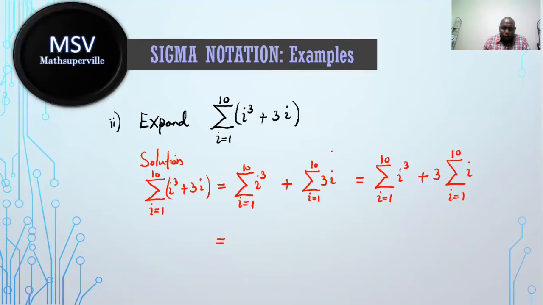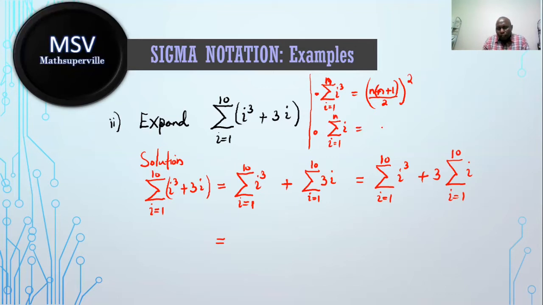Now, if you remember from our last video, the sum of i cubed from i equals 1 to n is n times n plus 1 divided by 2, and then you square that quantity. So that was the rule. Of course, we already talked about the sum of i with the index running from 1 to n, and this gives us n multiplied by n plus 1 divided by 2.